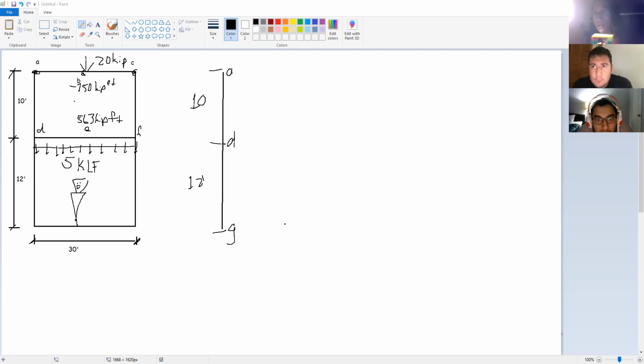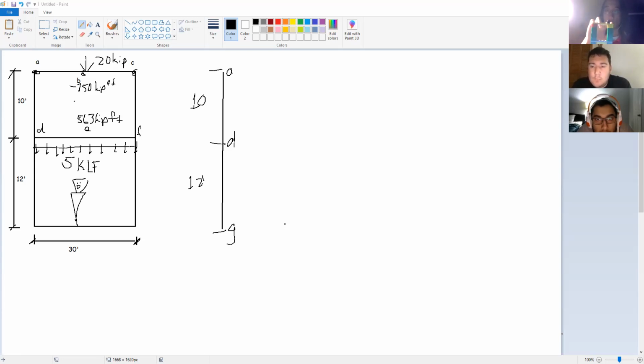That means the reaction force is going to be spread evenly across both of these, because the force is right in the center. So it would spread out evenly to the columns. If the kip force wasn't in the center, it would spread more to this column.